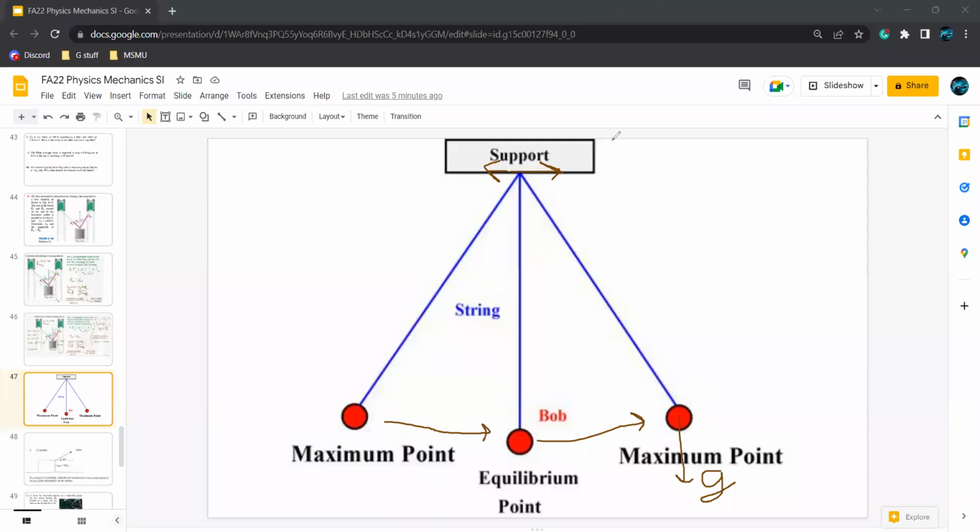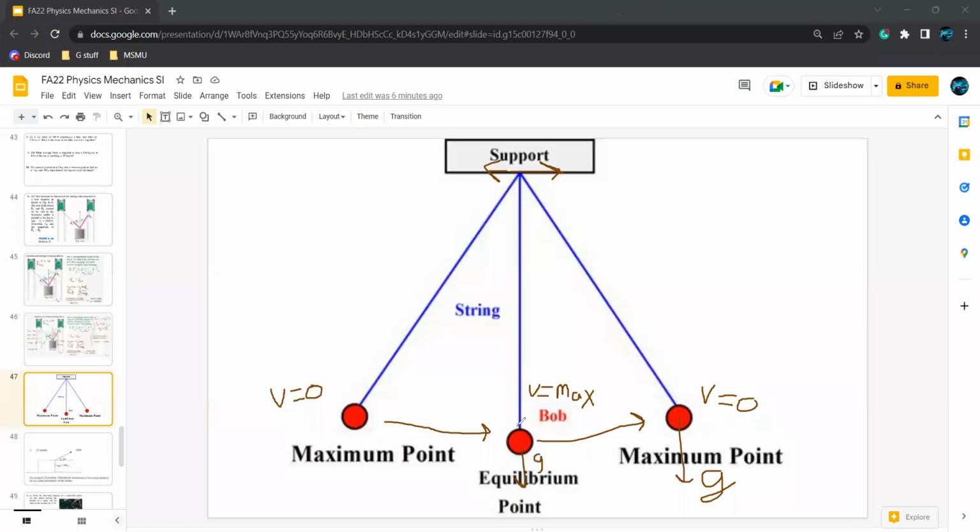Anyway, here you have v equals 0, because that's one of your max points. And then over here is equal to 0 as well. Here, your v is max. And after that, you have gravity pulling down. That's constant.